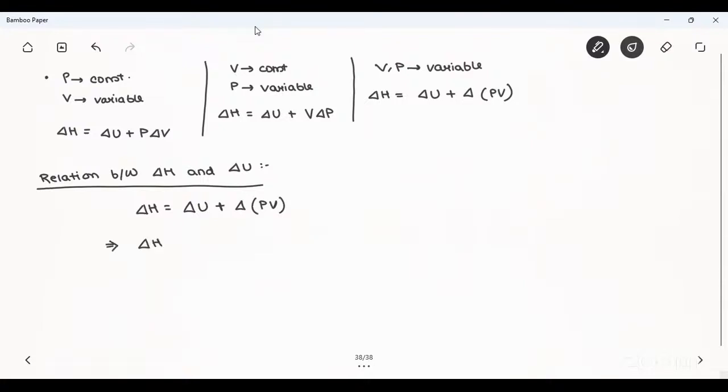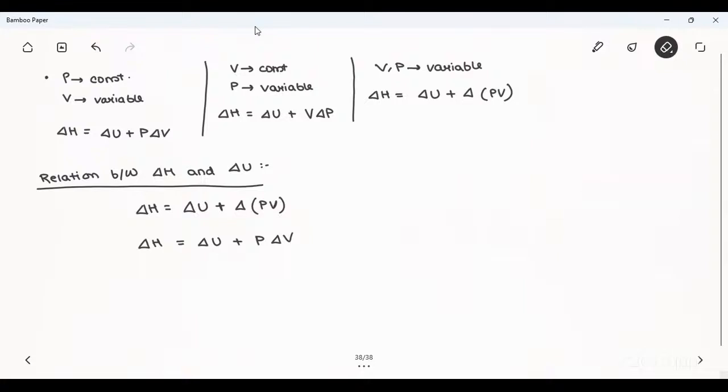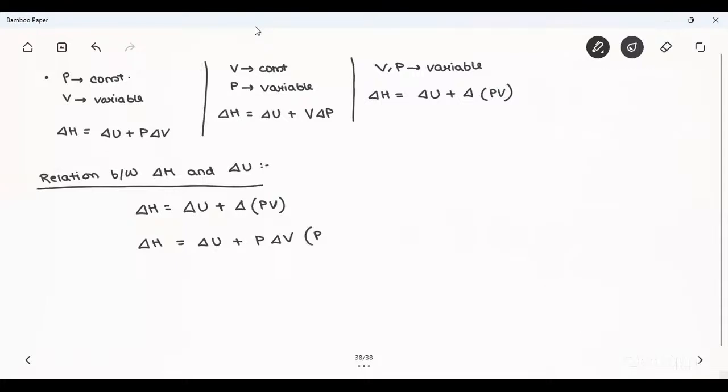Delta H is equal to delta U plus P delta V. How can we write this equation? We can write it when pressure is constant and V is variable. Just now I taught you.